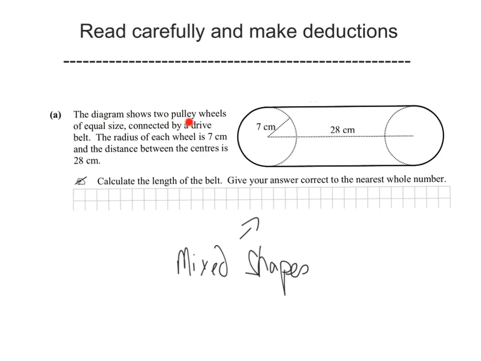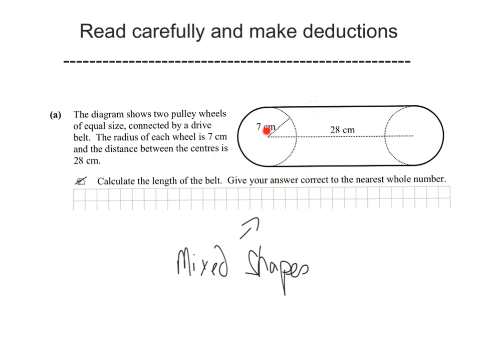Well, pulley wheels, the only things that could be wheels here are obviously these two guys. Now the confusing part for most people is the belt. It says the belt connects the two wheels, so most people seem to think that it's this line here. But if you think about what a belt is, it's something that goes around your waist. So actually the drive belt is something that's going around the wheels, the pulley wheels.